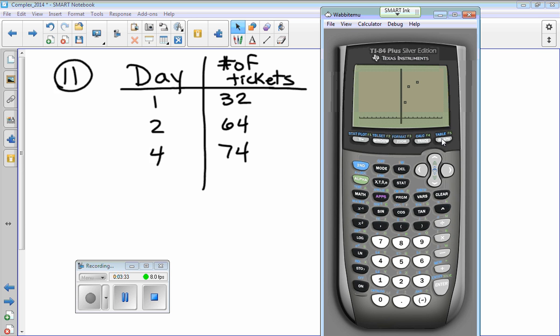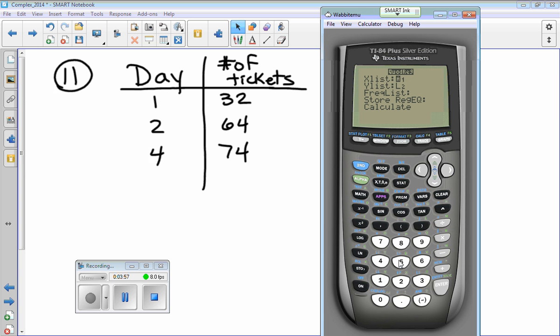Now, if I want to find the equation of the parabola that goes with it, which is part A, where do I go on my calculator again? How do I find the equation, or the model? Remember, model and equation mean the same thing. Stat, calc, option 5.